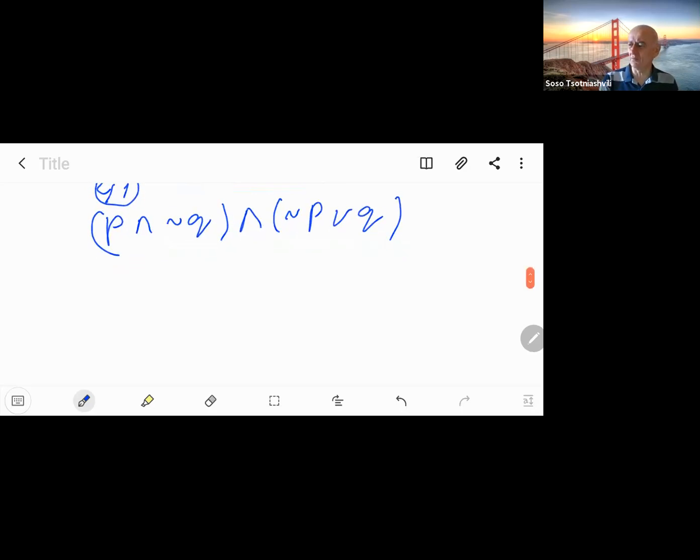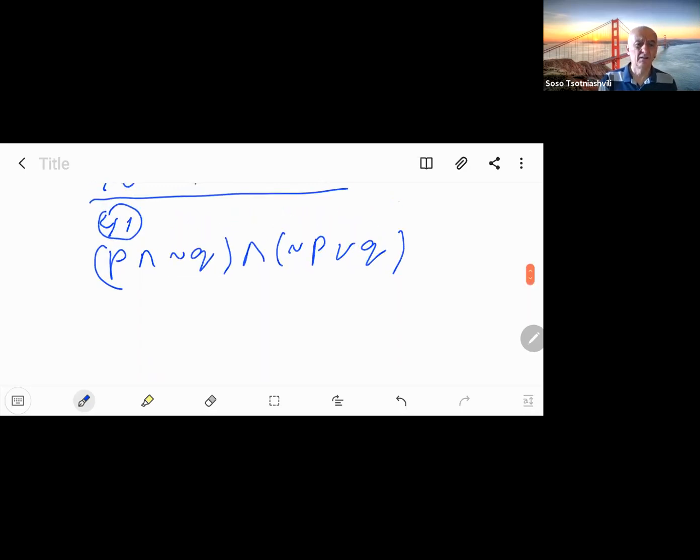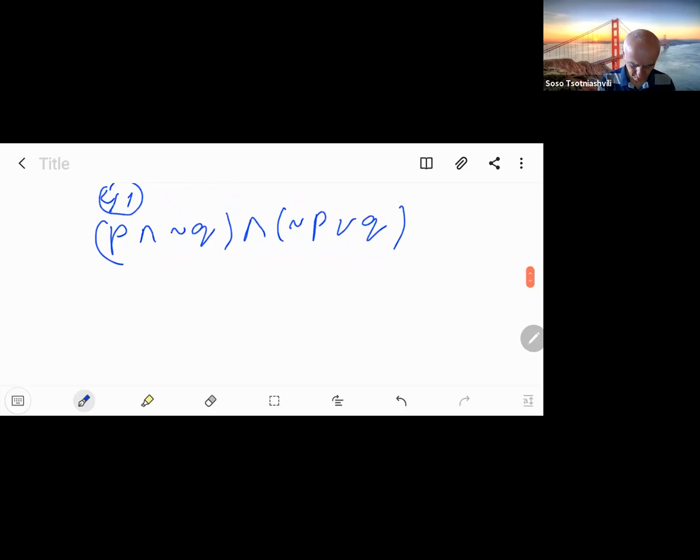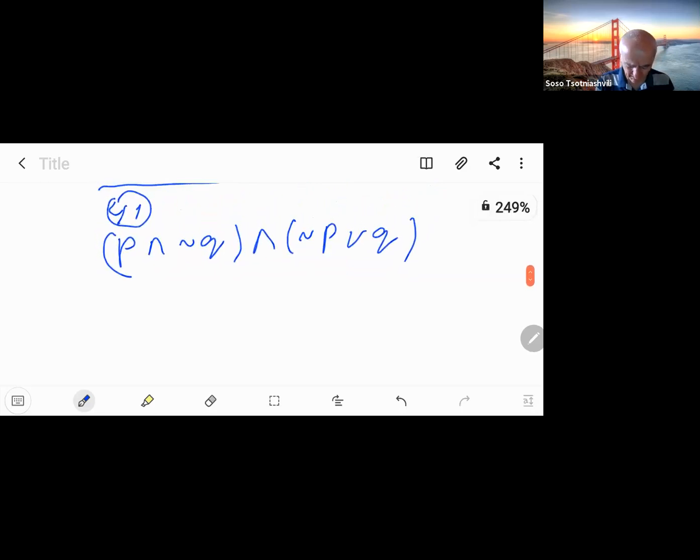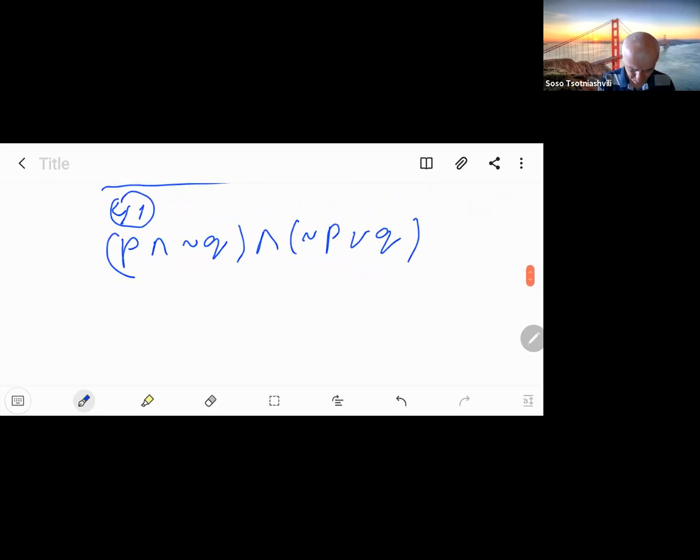I will give you about 30 seconds to start constructing the truth table, and I will follow you. It's very important to do these exercises independently.